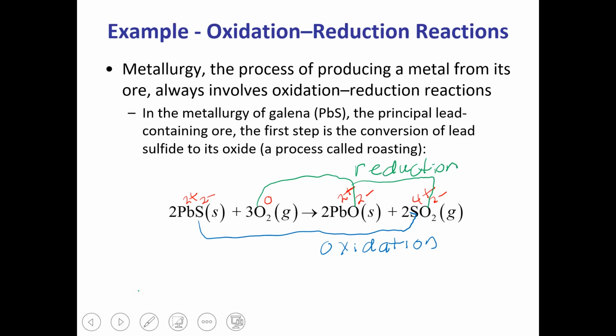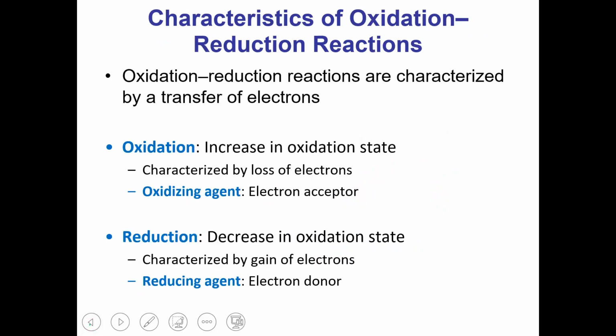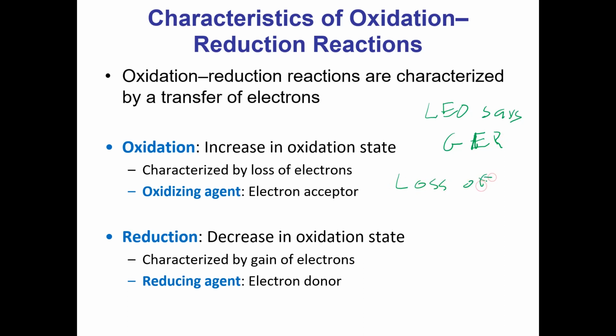So a couple ways that you can remember these, if you like little mnemonics, is one of them is LEO says GER. So LEO is loss of electrons is oxidation.